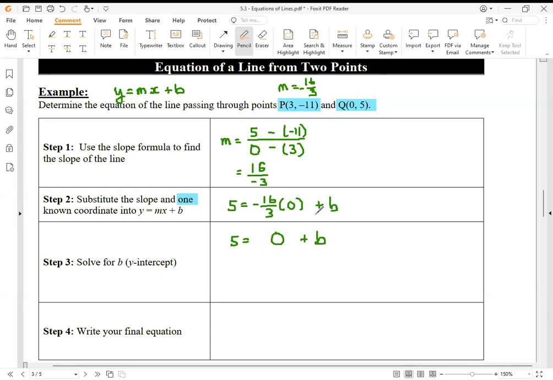Sometimes it's not as obvious. That will be up to you to discover as you practice more. So that means 0 plus b is nothing. So therefore, b is equal to 5. My final equation is y equals negative 16 over 3 x plus 5.